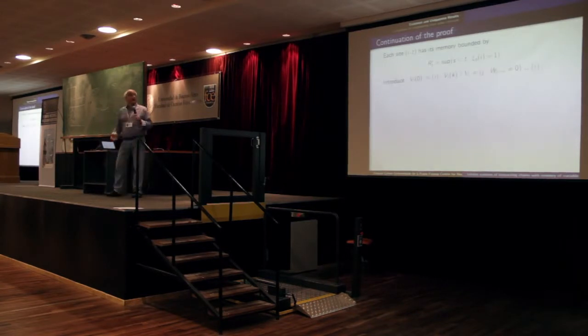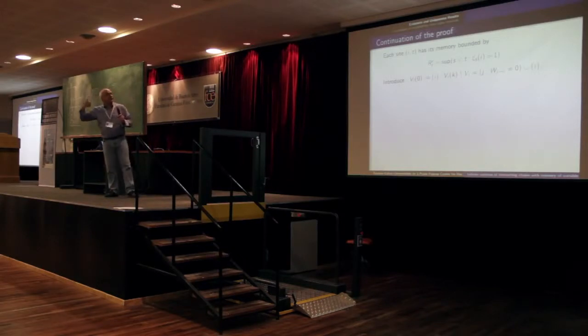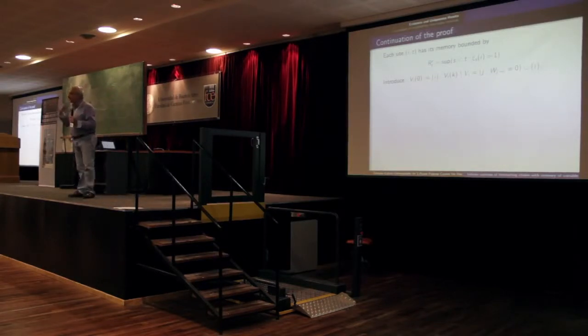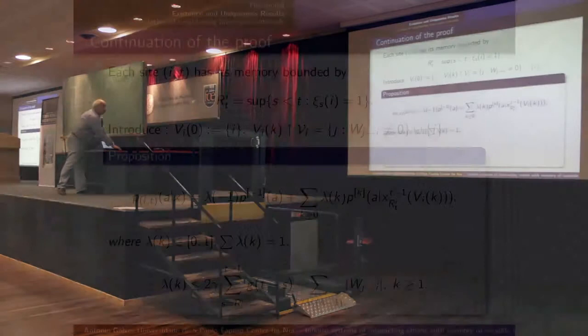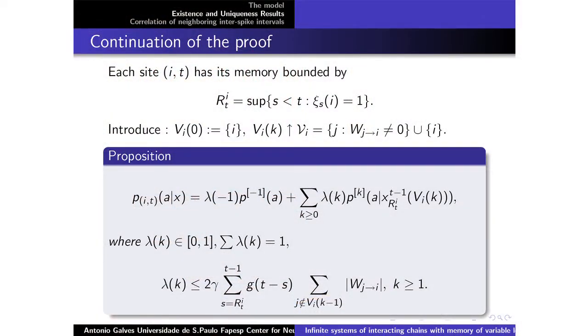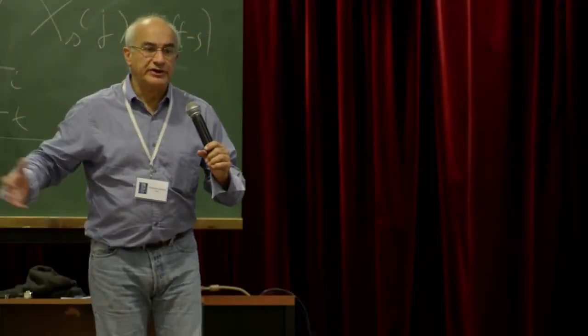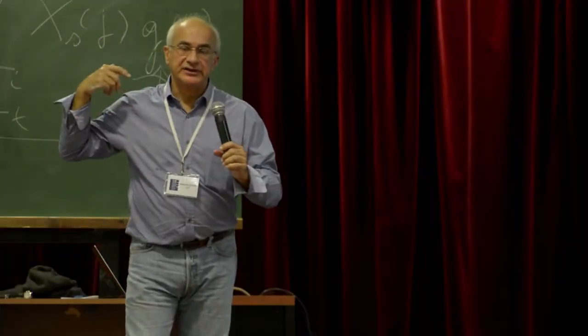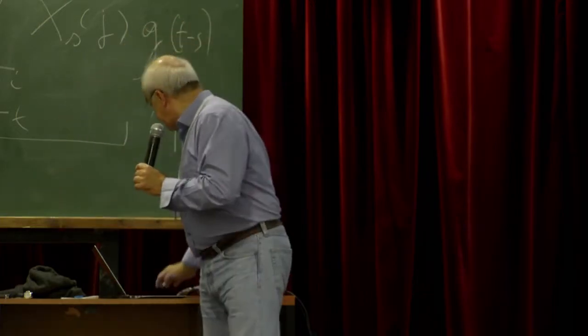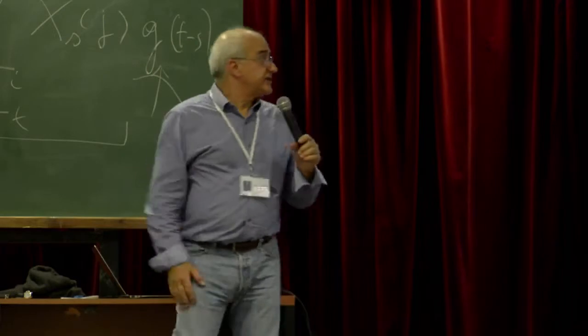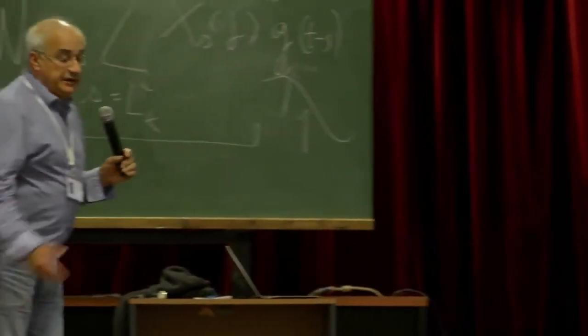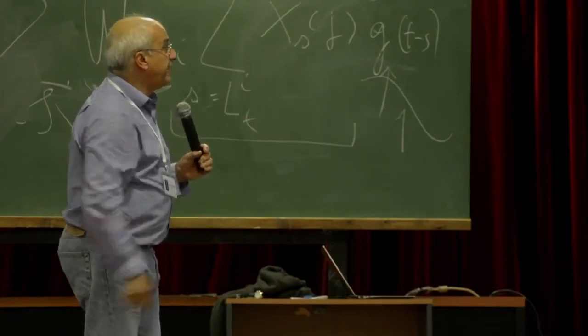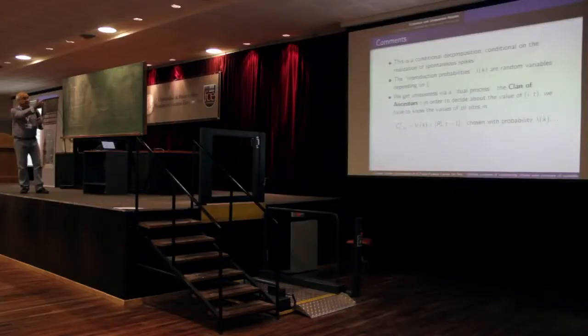If you use this finite horizon, which is the last time you have a spontaneous spike, you can decompose your transition probability in such a way that for each k you only depend on a finite set of points and on the past until your last spontaneous spike. So this is a conditional decomposition, conditioned on the realization of the spontaneous spiking.